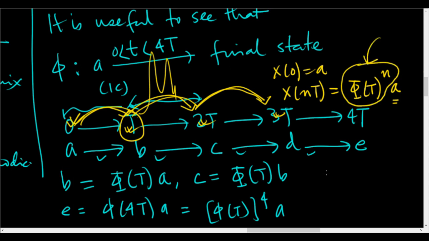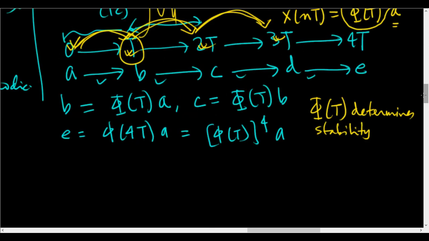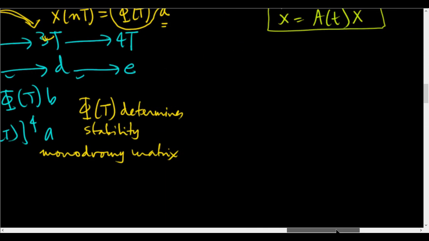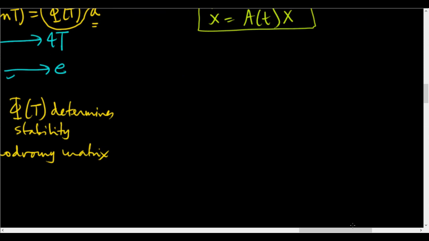So phi of T determines stability. Okay, this for some reason is called the monodromy matrix. I'm not sure of the historical reason. If you look it up, you can send an email to the group.